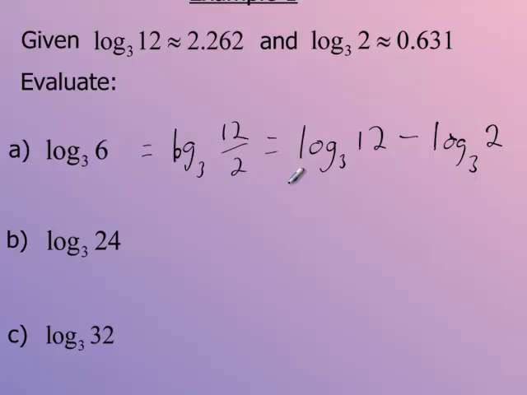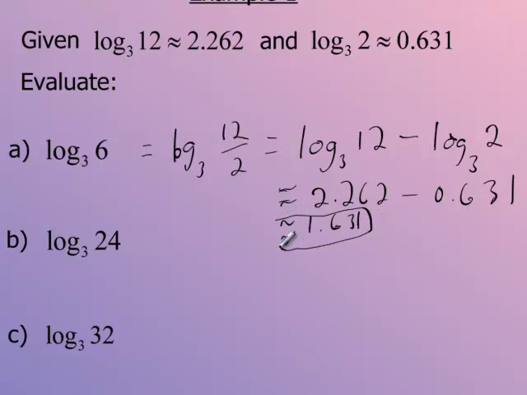Therefore, I would just substitute in those values. It becomes approximately 2.262 minus 0.631, and when I enter that in my calculator, approximately 1.631. So there's that value.